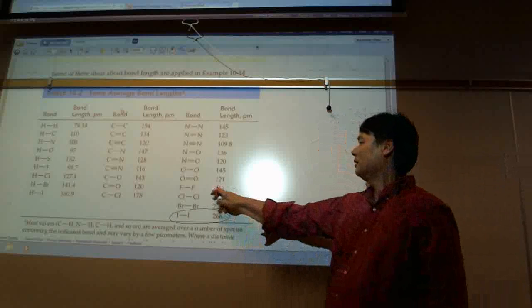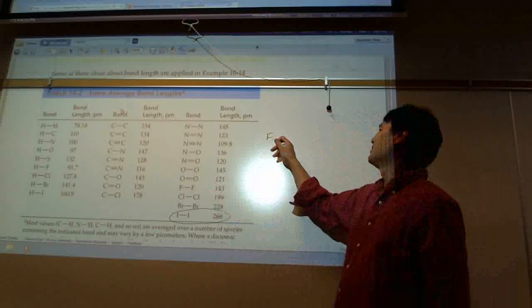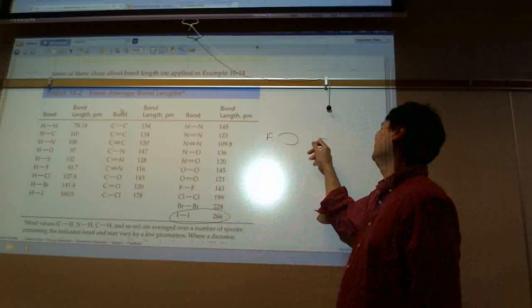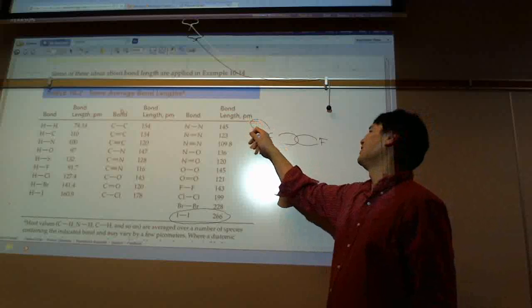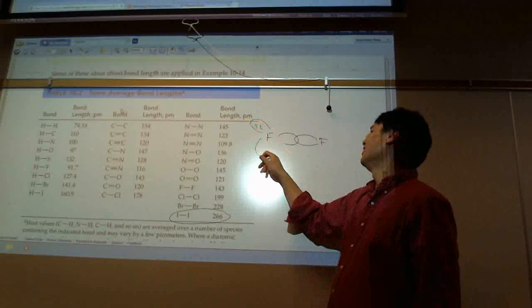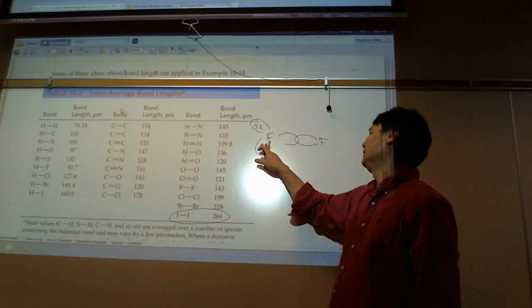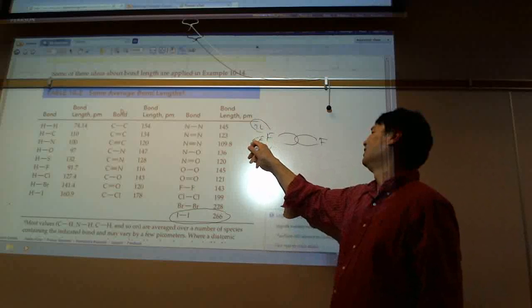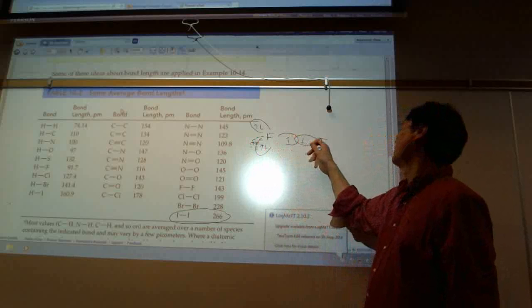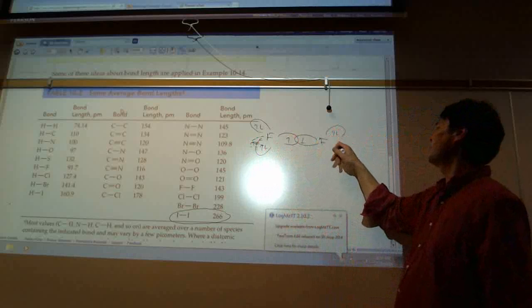If we think about it, the fluorine bonds, what kind of bonds are these going to be? sp3 sigmas. We're going to have lone pairs, and then here's the bond. And so we expect sp3.